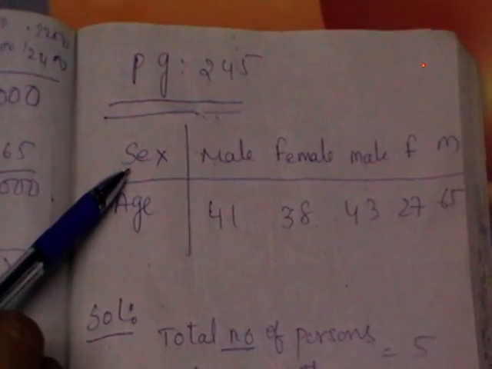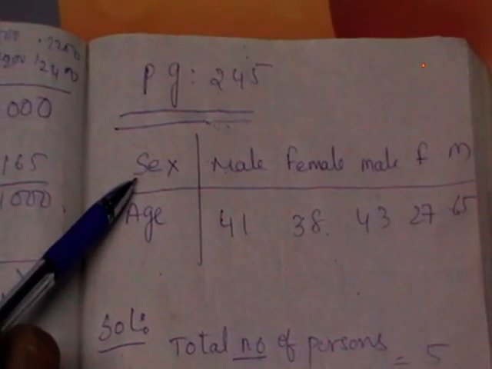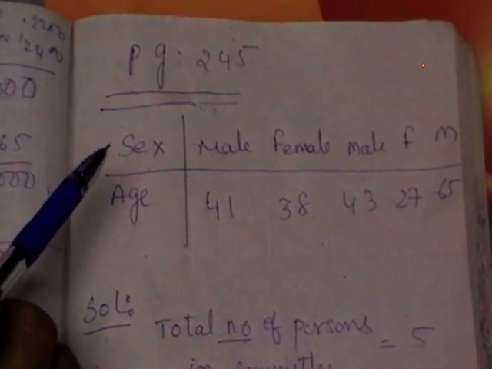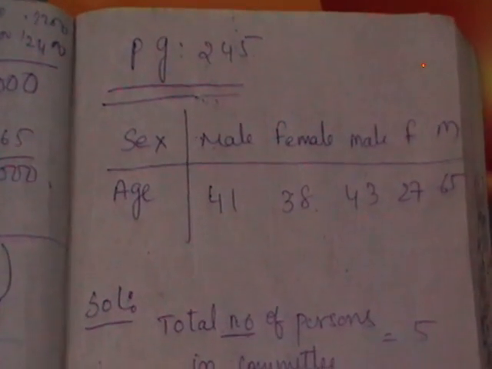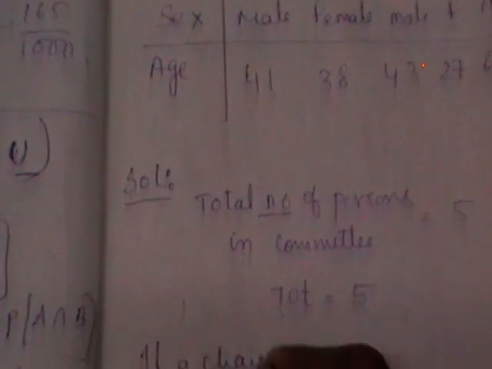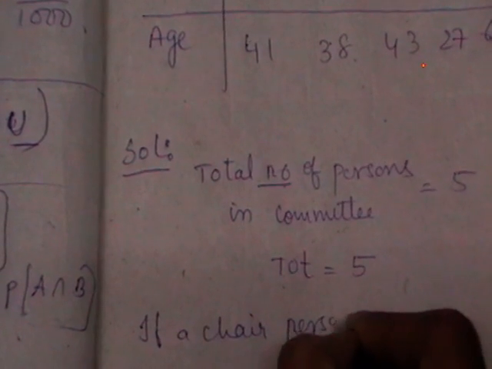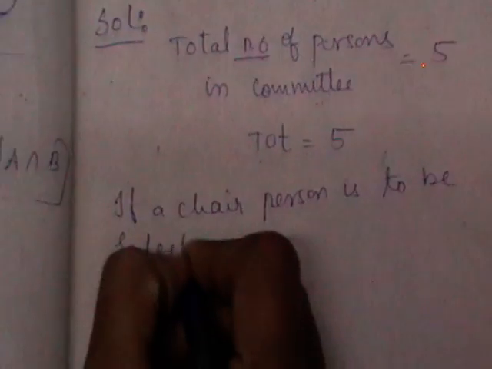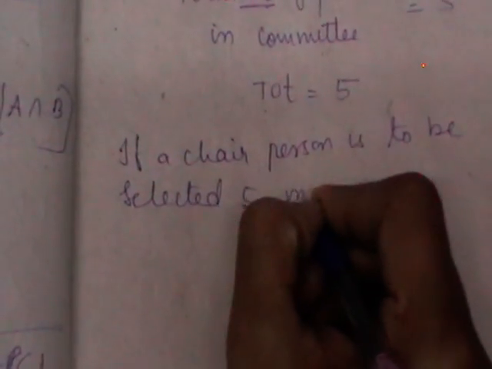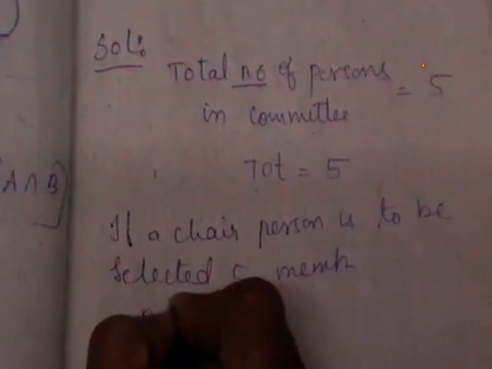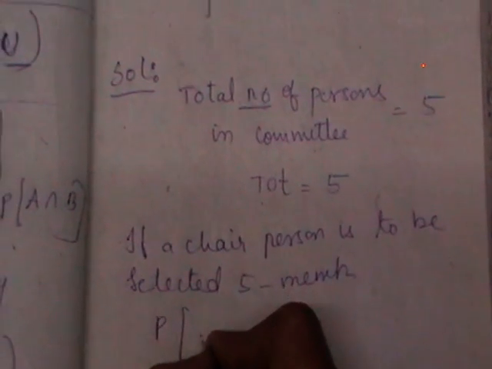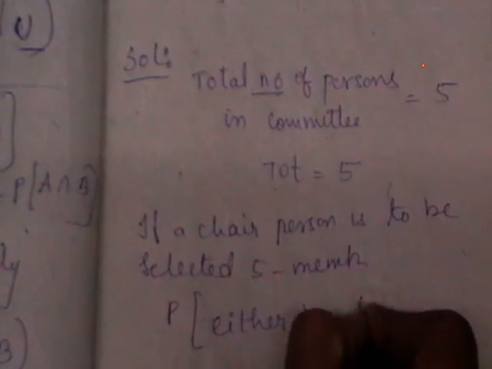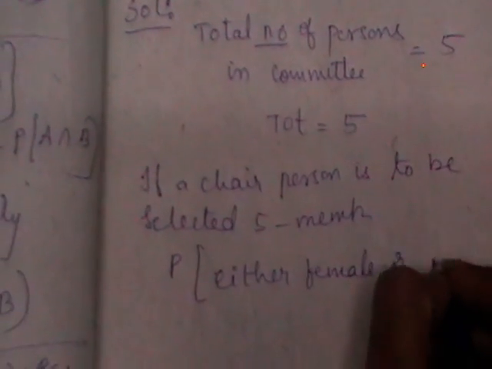Now the question is: if a chairperson has to be selected from these 5 members, what is the probability that the chairperson would be either female or over 40 years?